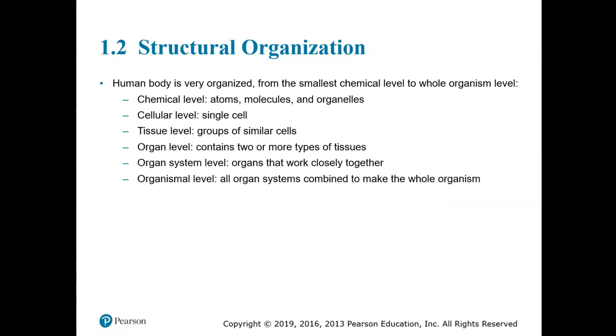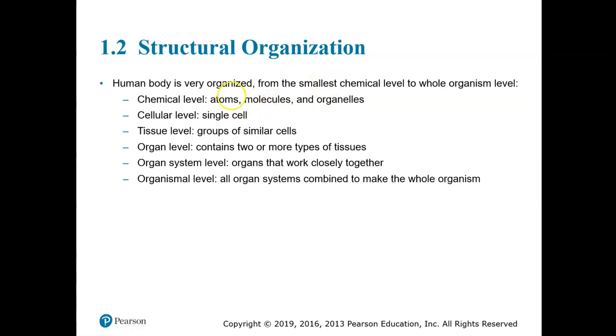Now, in section 1.2, we are going to talk about how the human body is very organized, and actually all living things are very organized. We start with the chemical level. At the very smallest chemical level, we have atoms, different atoms that are grouped together into molecules.